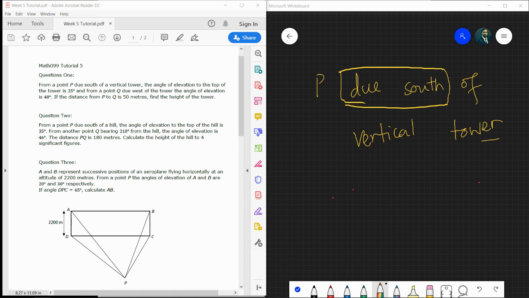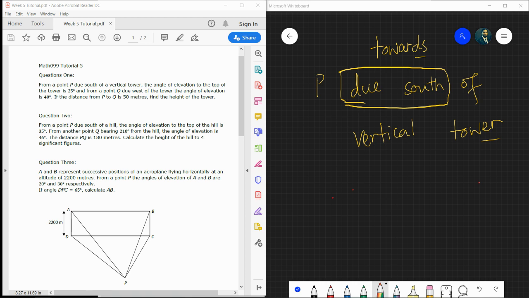In English, due south means towards. So P is towards south of a vertical tower. So the vertical tower is in the north. If you look from north towards south direction, you look at P. So that's the other part. And now I'll try to solve a problem, and then you'll understand when we draw the diagram.